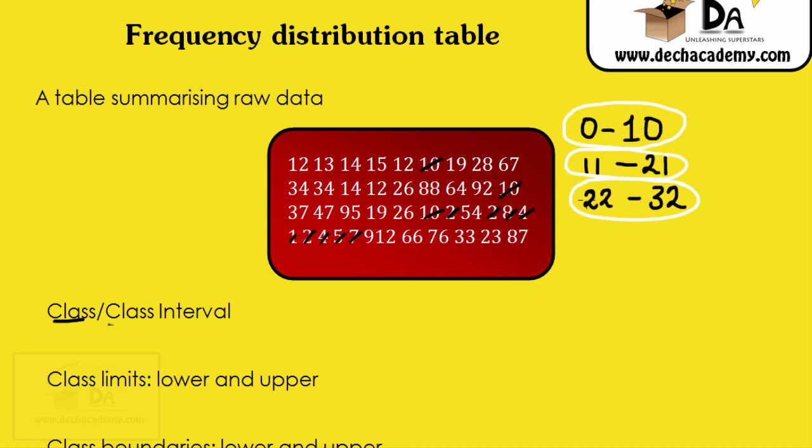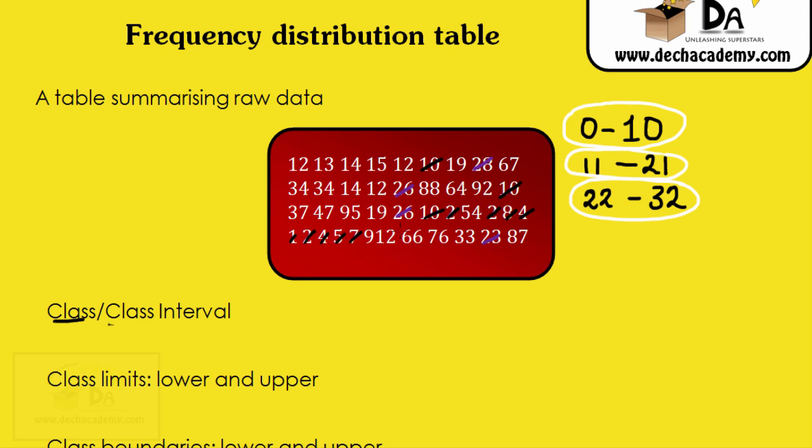By now, you should get the idea, because if I ask which of the numbers belong to the class with the class interval of 22 to 32, you'll know that 28 belongs to that class. Let's look for another member. 26 also. Let's see if there are any others. 26 again. 23.